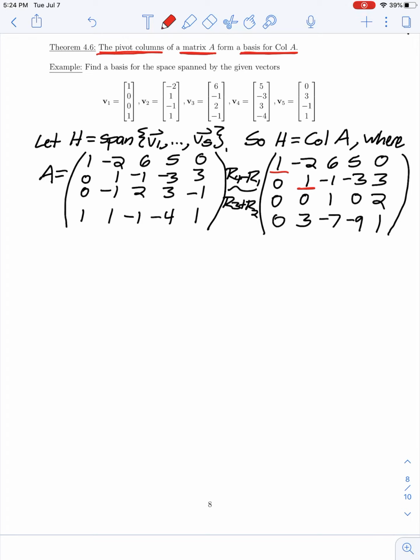So now my matrix has a leading entry in the first row of 1 with zeros below it. I've got a leading entry of 1 for my second row, which I'm going to use to eliminate the 3 that appears below that in my fourth row. So I'm going to take row 4 and subtract 3 times row 2. So my first row is 1, -2, 6, 5, 0.